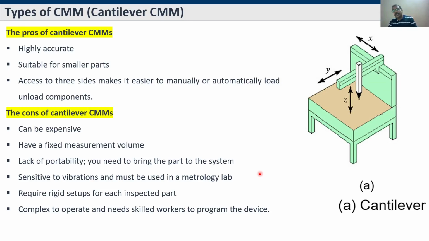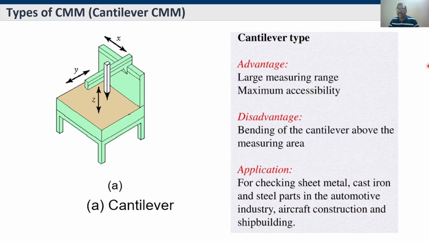And also vibration will affect it. So you have to have a proper foundation for setting up the CMM machine. It requires a rigid setup for each inspected part, is complex to operate and needs skilled workers to program the device. That's it.